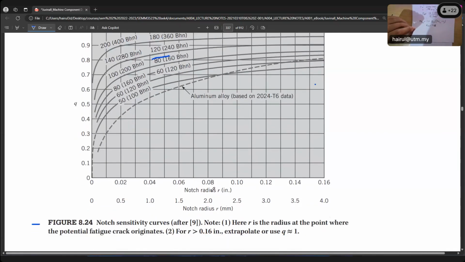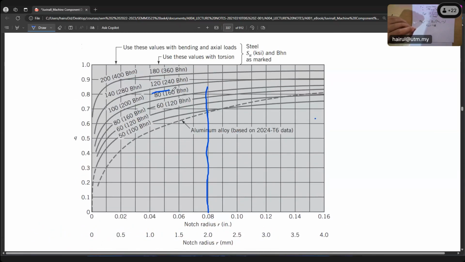Radius 2 is here. 2 millimeter up until it intersect. Kita tadi 93.5 KSI. Okay, so this is 180, 93, kind of like this. So you draw a curve, follow the flow of this curve, kind of like that.